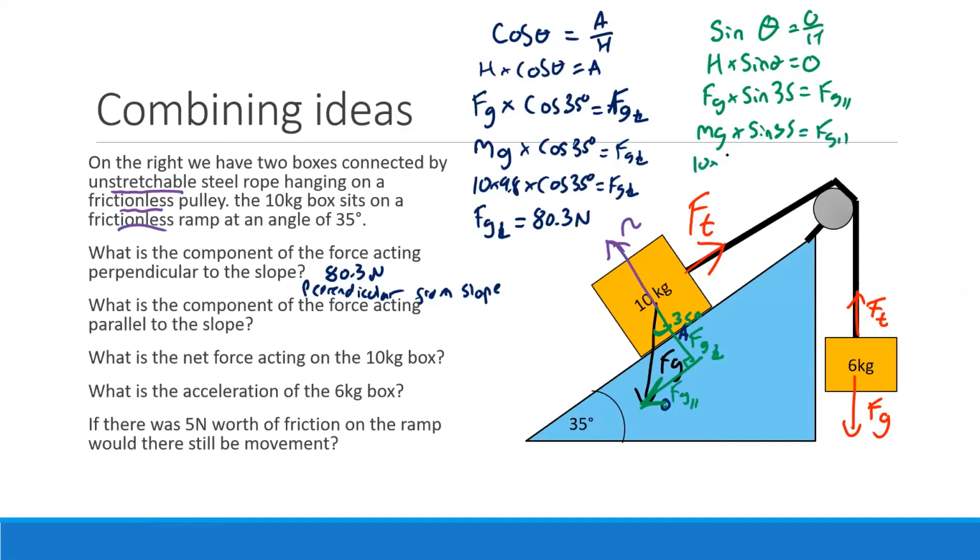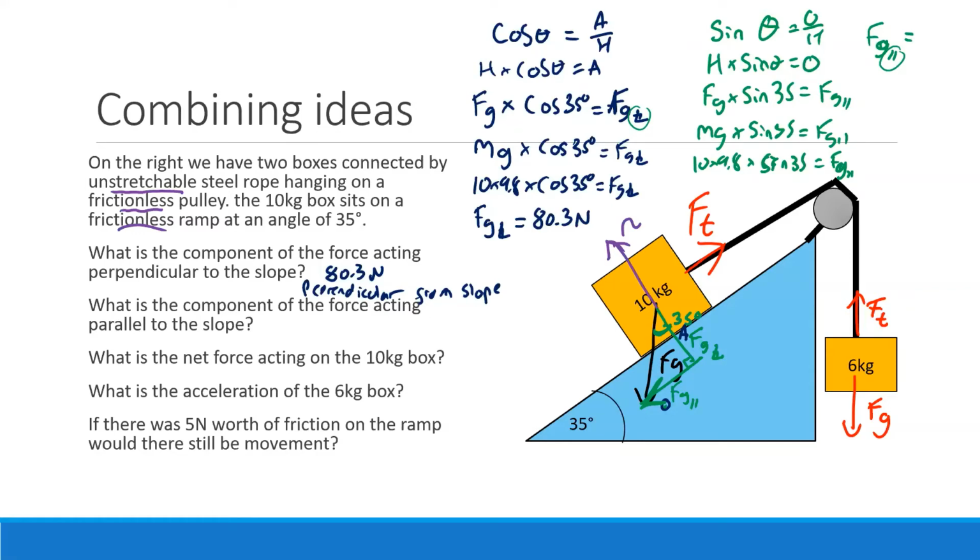That's going to be 10 times 9.8 times sine 35 equals F parallel. I'm running out of room here, so I'm just going to write the answer up here. The FG parallel to the slope is equal to, and I'm using these symbols, by the way, for perpendicular and parallel, just because it's a shorthand for me.